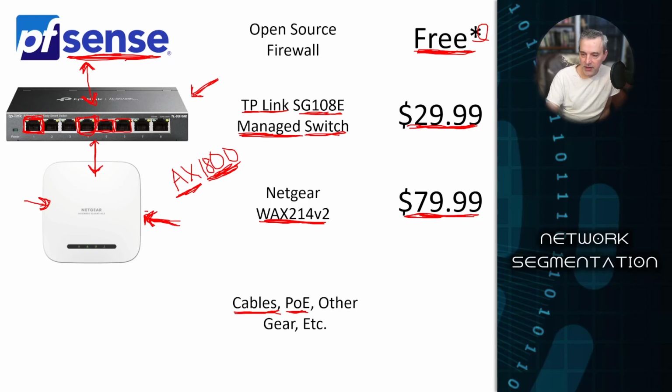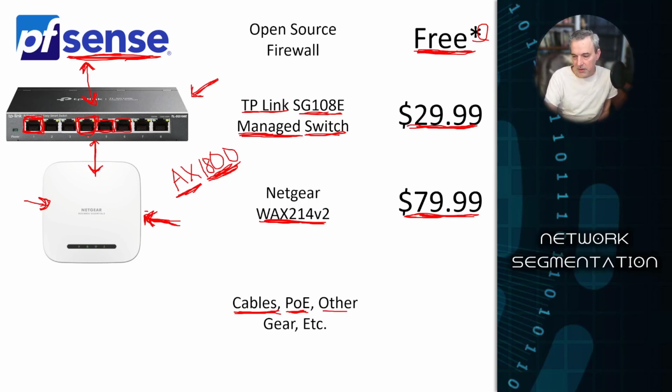So I used a separate PoE injector and then cable to augment this and to give me the full network setup that I'm currently using, in addition to what I already had, which was existing Ethernet cables and existing devices, to upgrade my previous network.